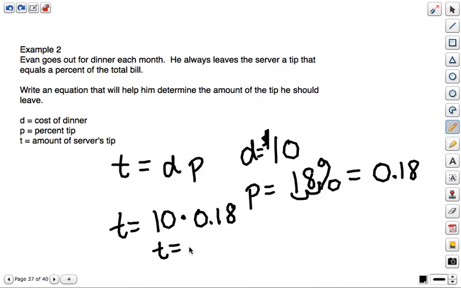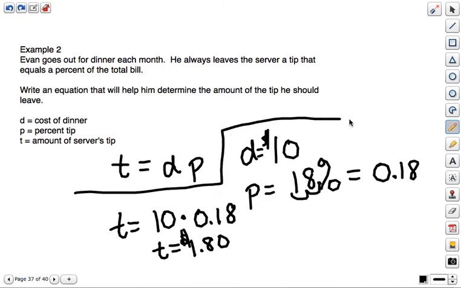So we would be tipping the server $1.80 for that dinner. So $1.80 would be our tip. And again, this part down here was just more or less checking our answers.